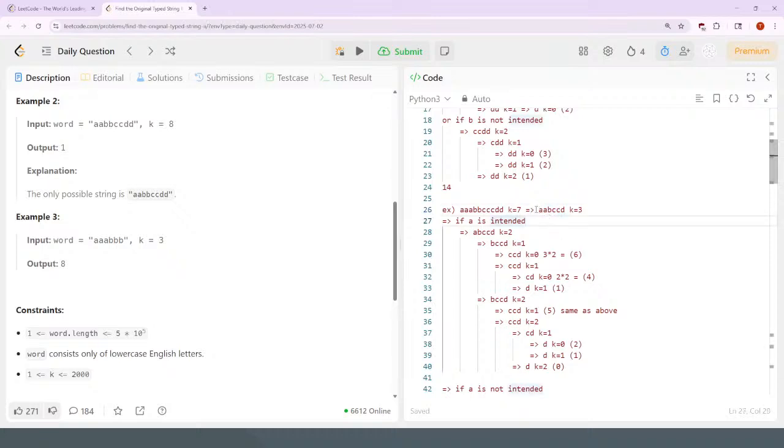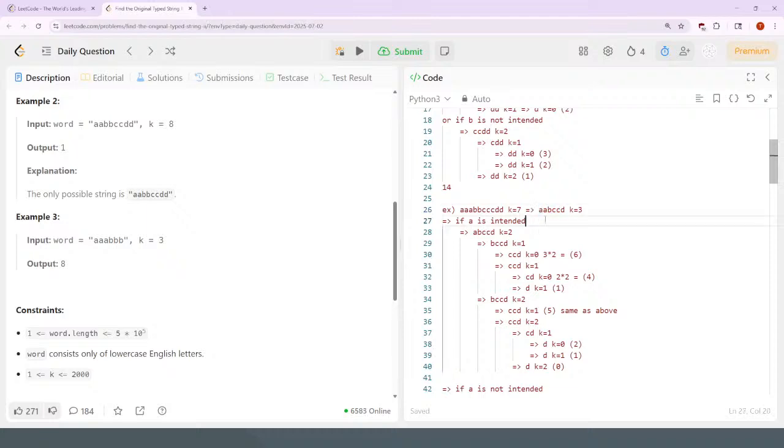Or I can say this A is intended, and then one or 2 of these is intended. Say none of these is intended, and 3 of these are intended.